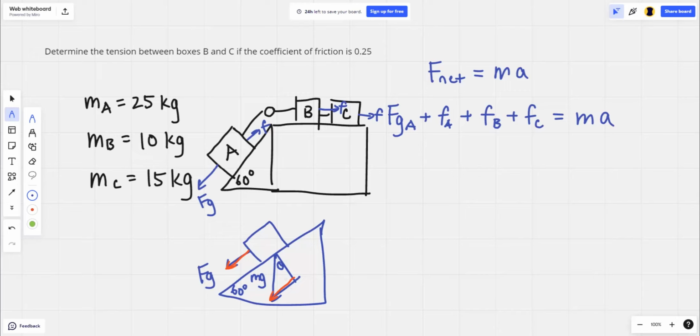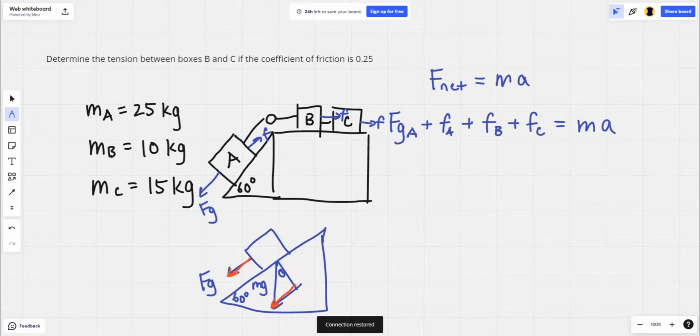In this case, FG is opposite to the angle, so we're going to have to use sine. So sine theta equals FG over the hypotenuse, which in this case, you can see that this is a right triangle.